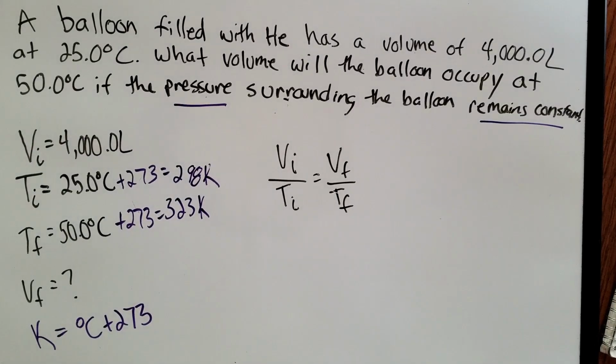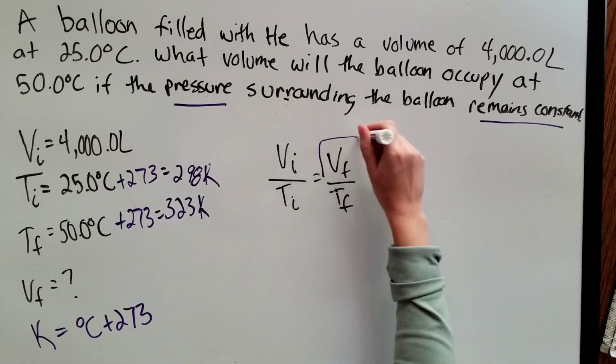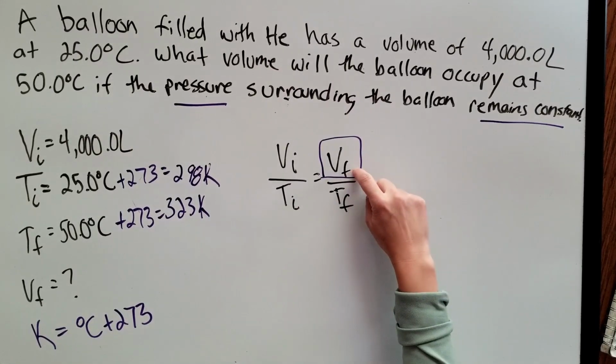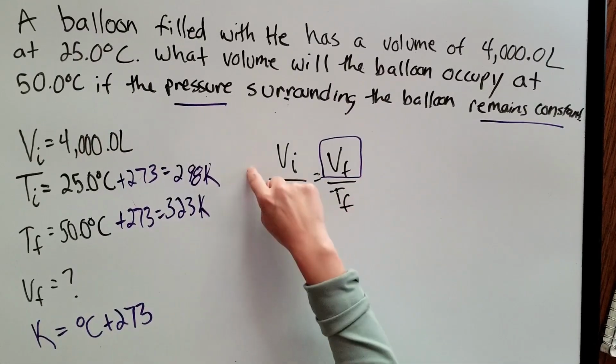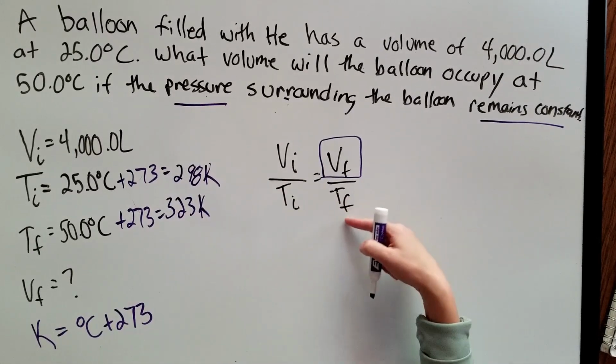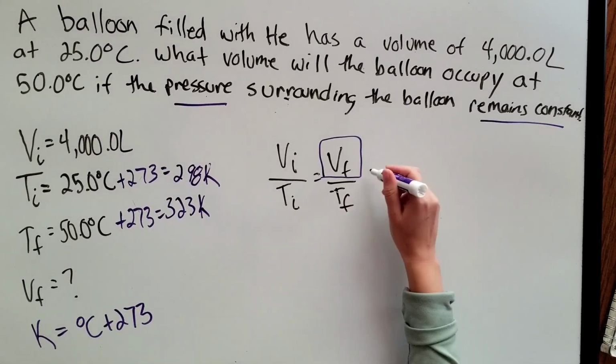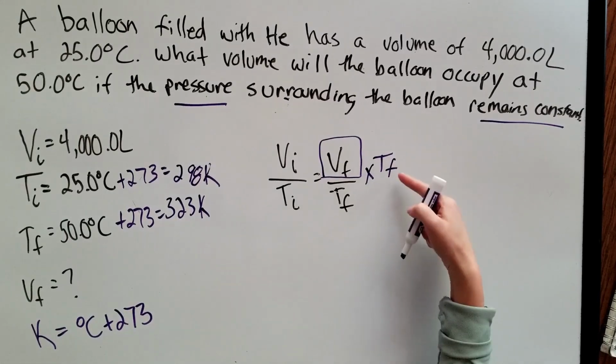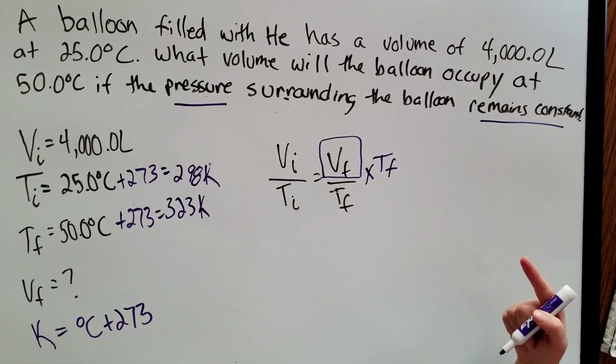Now that everything's in the correct units, I'm going to rearrange this equation so that I have VF all by itself on one side of the equation, and all the other variables on the other. If I want VF by itself, I need TF to be over here. Since TF is in the denominator, I'm going to multiply this side by TF, because TF divided by TF cancels each other out, right?